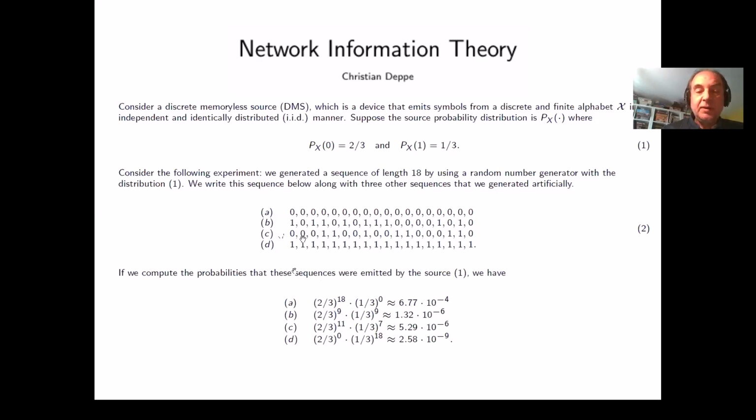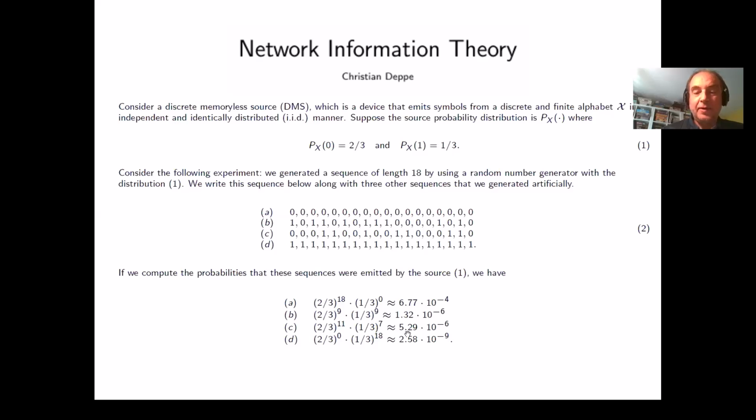For sequence B, we can count 9 zeros and 9 ones. So we have (2/3) to the 9 times (1/3) to the 9. That equals 1.32 times 10 to the minus 6. Sequence C, we count 11 zeros and 7 ones.